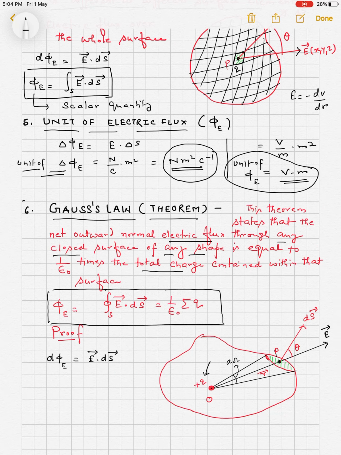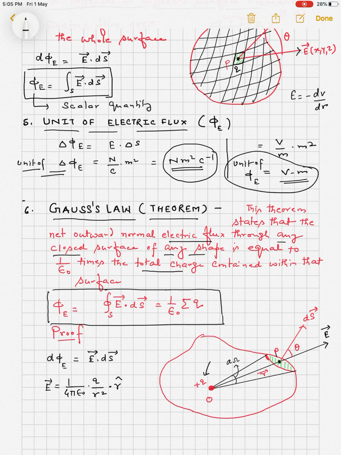So what is E? E is equal to 1 upon 4 pi epsilon naught q by r square, the formula for electric field due to a point charge. Because it is a vector, and here I am writing the magnitude, it is multiplied by unit vector r in the direction of r.